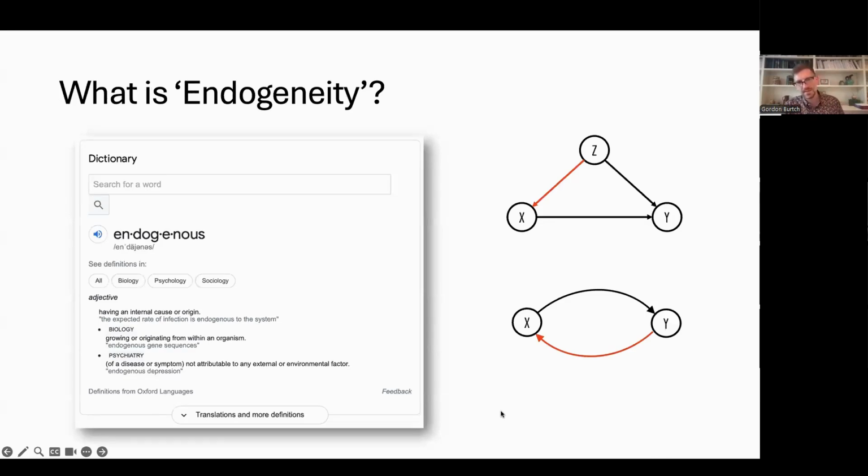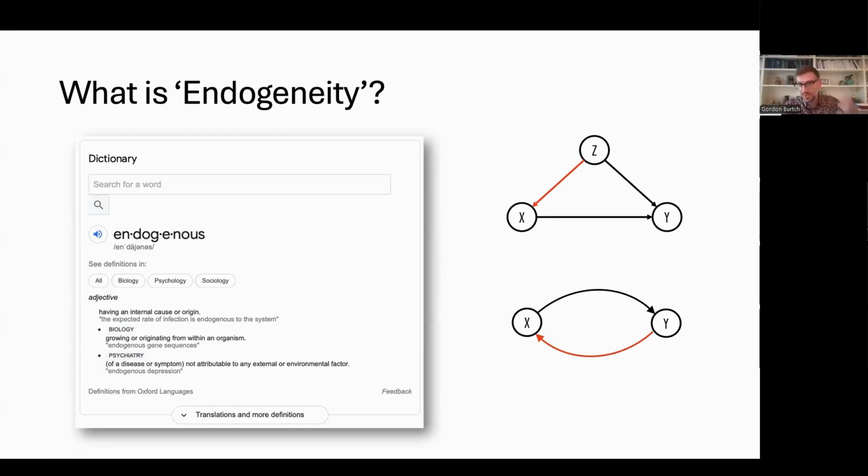Okay, so what does endogeneity mean? There's the literal definition, which is essentially internal to the system. That's what the word refers to. And there's a reason we refer to causal identification problems as being endogeneity problems.